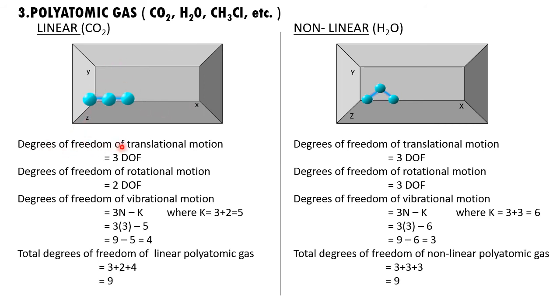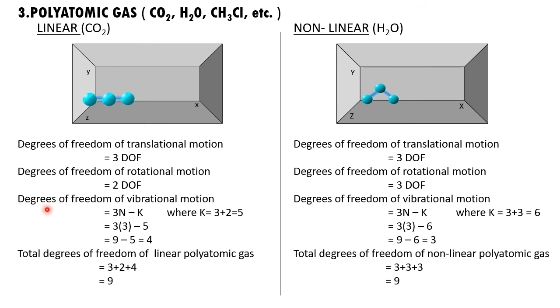So the degree of freedom of translation motion is 3. Now the degree of freedom of rotation motion is 2. It is the same as that of the diatomic gas, wherein along the x-axis there is no rotation because the moment of inertia on this axis is 0, and that's why it is 2.